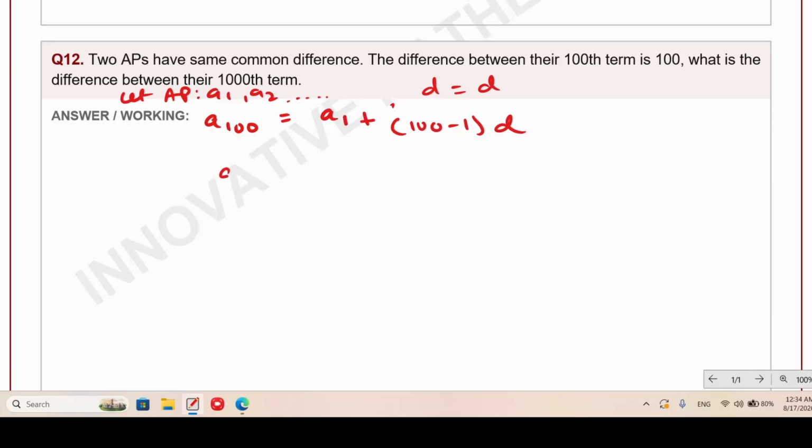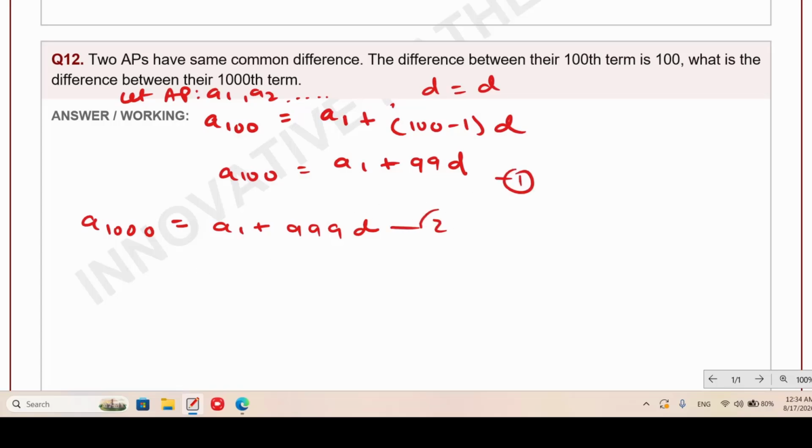So A100 is equal to A1 plus 99D. Now A1000 is equal to A1 plus 999D, okay? So from first and second, what we will get is the difference of these.